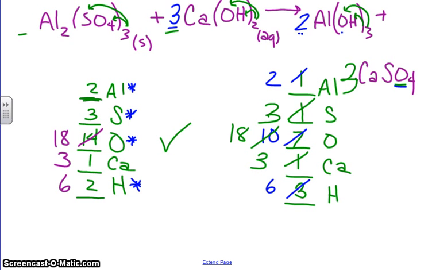They changed what compound it was, but it didn't change the number of atoms involved because we can't just lose or gain atoms out of nowhere. So what we have to do is make sure that the number of atoms of each element stays the same on both sides. So the only way we can do that is by balancing them by changing these coefficients. So what we're trying to do is get the same number of each element on either side of this reaction.